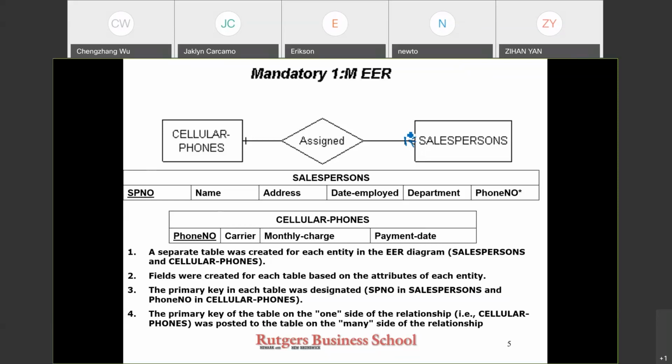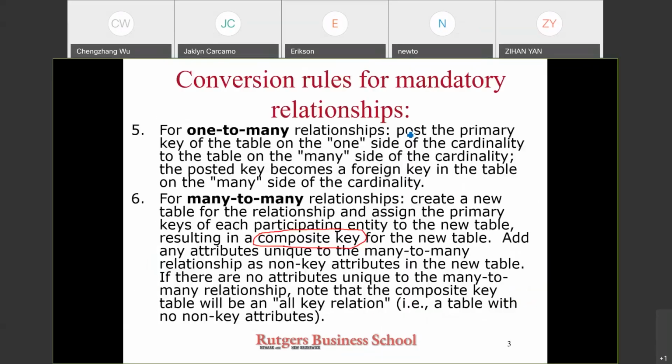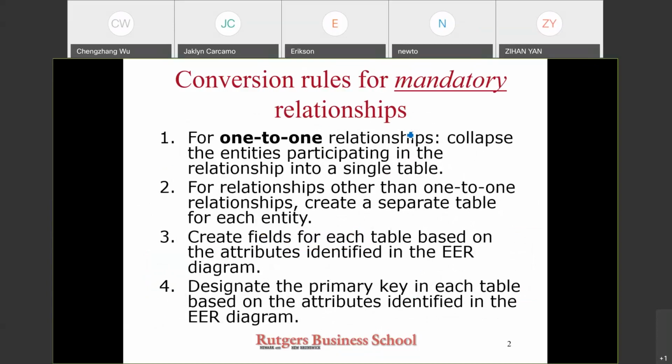Well, the application of rules can be applied to this scenario. So let's take a look. So it says for relationships other than one to many, we create a separate table.